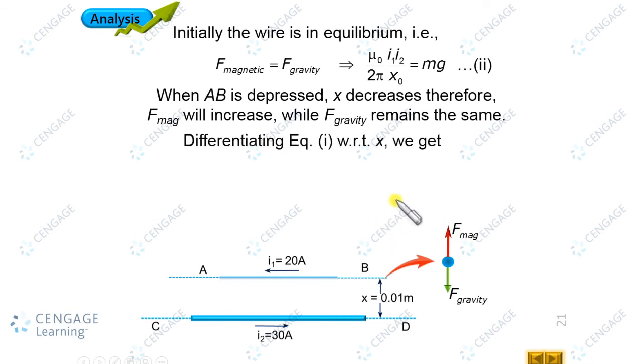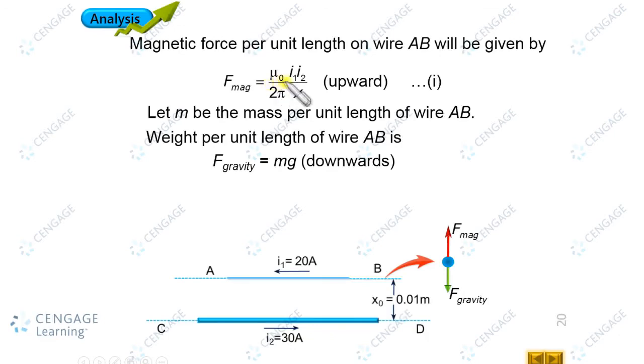So let us differentiate equation number 1 with respect to x. Let us write dF magnetic by dx equal to the differentiation of this. In this equation, mu naught divided by 2 pi is constant, and I1 I2 is constant. That means we need the derivative of x to the power minus 1 with respect to x.